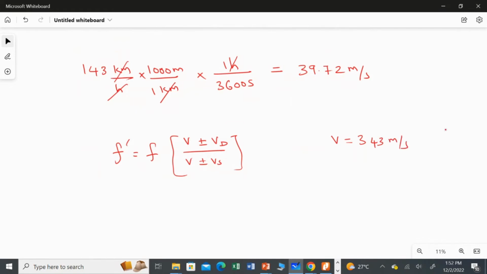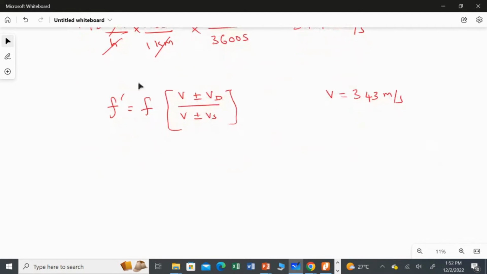Clear? Now I have to frame the equation because here, if you see the general rule, we have plus or minus in the top as well as plus or minus in the bottom. So we have to choose only one sign in the top and one sign in the bottom. For that we have to identify the case given in the question. So what I'm going to do now is write the formula without sign.